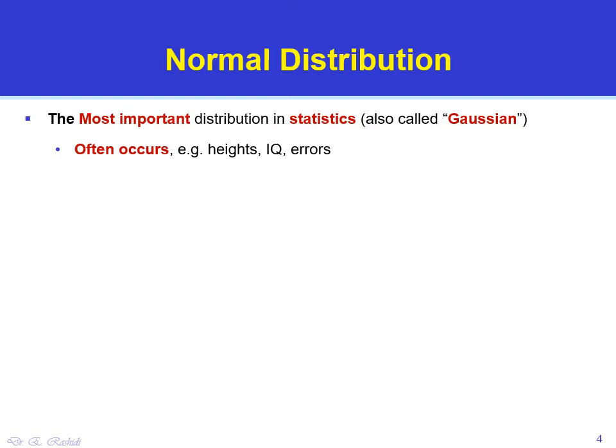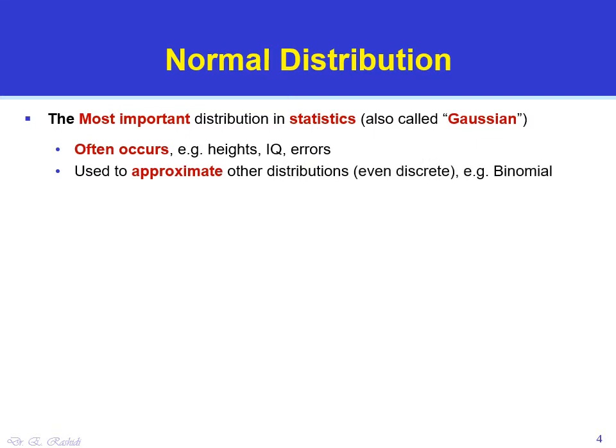Also, normal distribution can be used to approximate other distributions. Even a discrete distribution like the binomial distribution can in certain situations be approximated using the normal distribution. Normal distribution is useful in problems that involve a large amount of data.